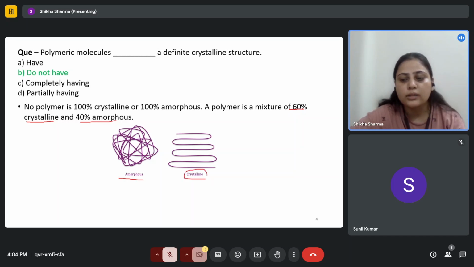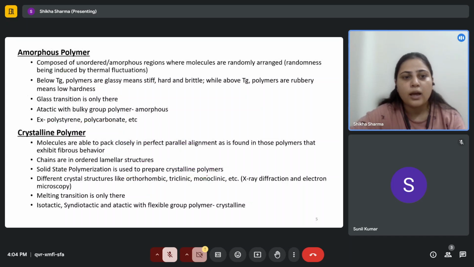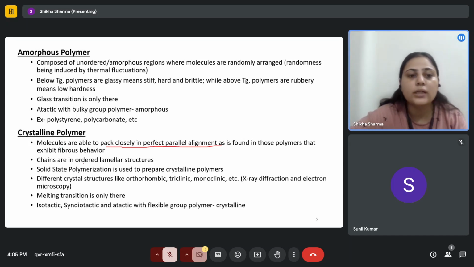So we know that in the crystalline polymer, the region which is crystalline, the chains are able to pack closely in perfect parallel alignment, and they have basically an ordered structure.